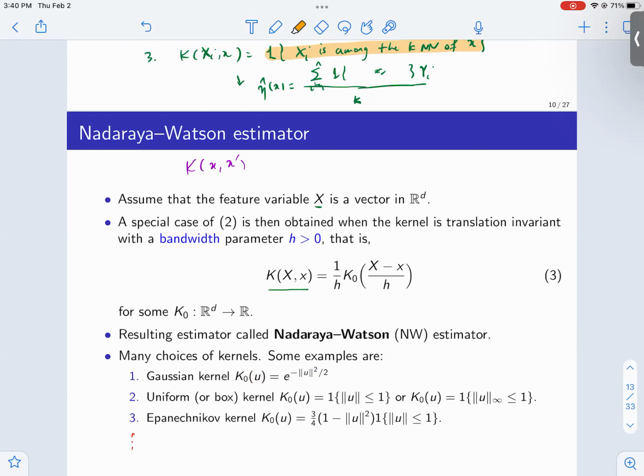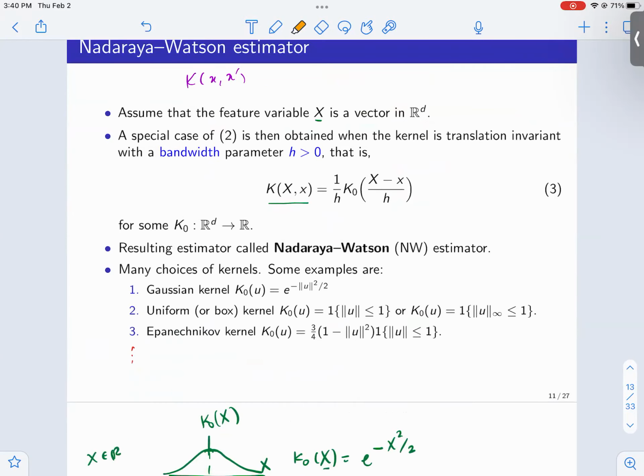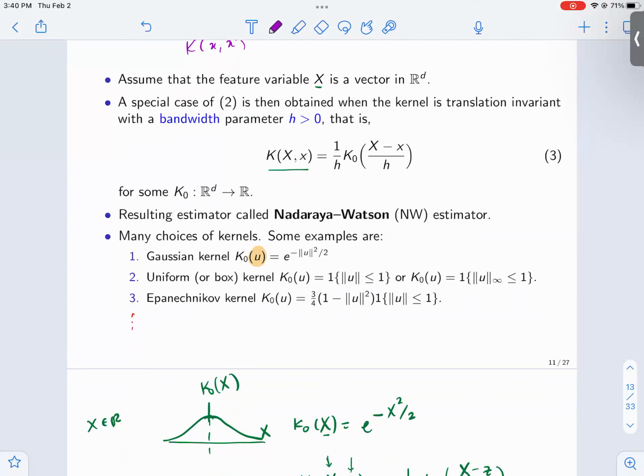What I'm trying to say is that you can come up with a univariate function, a function of one variable, like the Gaussian. In the univariate case, it would be e to the negative u squared over 2. Then you make it translation invariant, so I can apply it to x minus x prime divided by h. That would give me e to the negative x minus x prime squared divided by 2h squared.